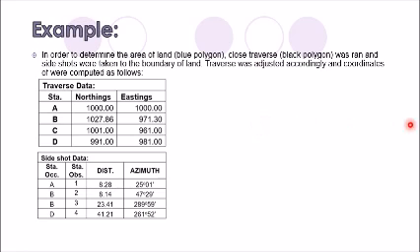Okay, so first is adjust and plot the traverse, which is already done. It is being adjusted, and in fact the coordinates are already computed.